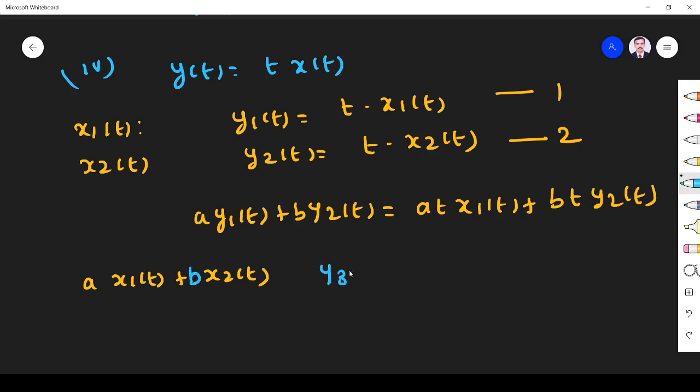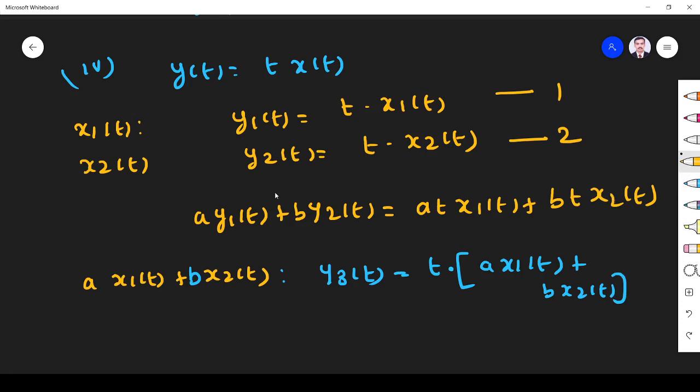What I get is y3 of t. That is given by t into, instead of x input, I have to give a x1 of t plus b into x2 of t. Sorry, here it is x2 of t. Fine. Okay.